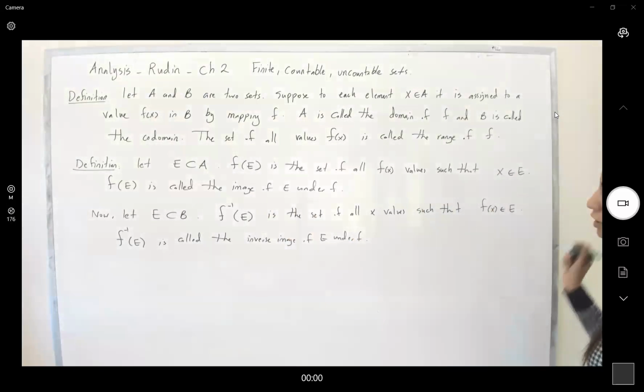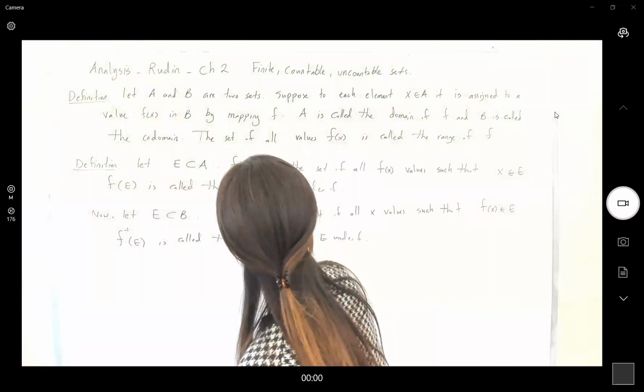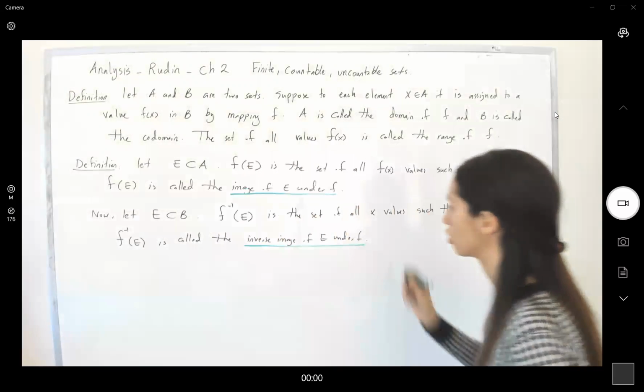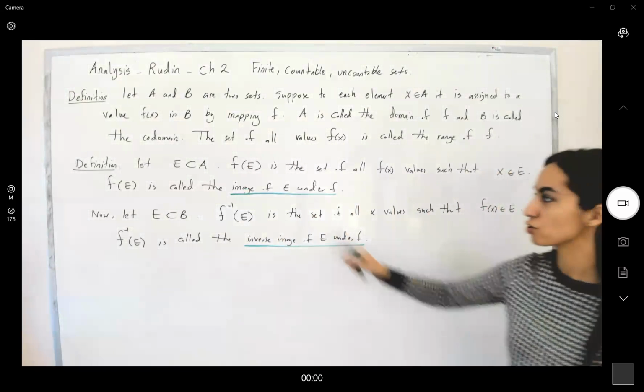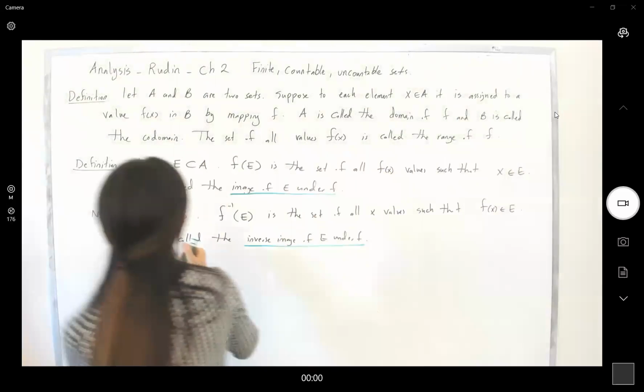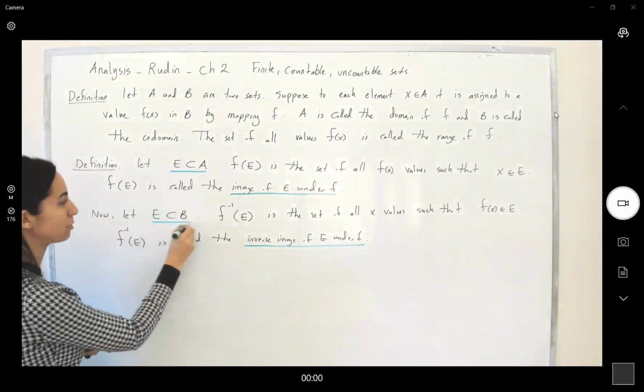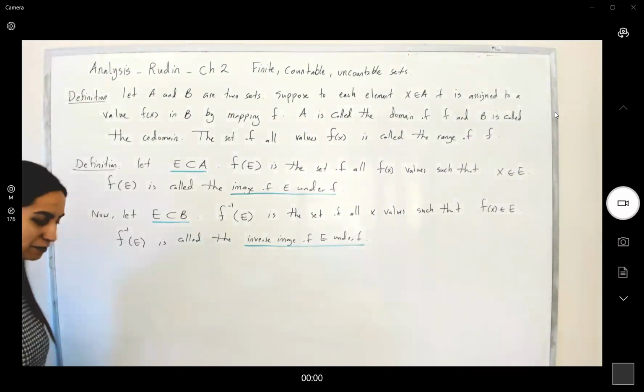So far we defined the image of E under function f and the inverse image of E under f. E, in this case, is a subset of A, and in the second case, the inverse image is a subset of B, the codomain.